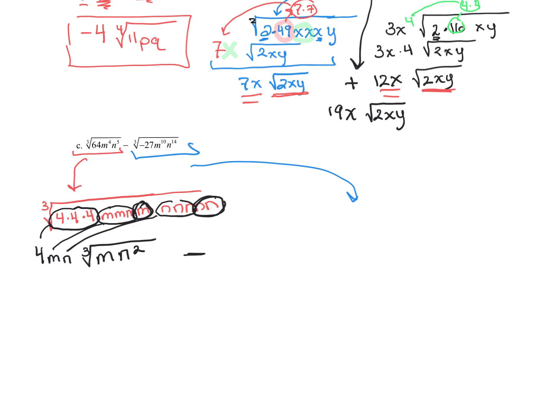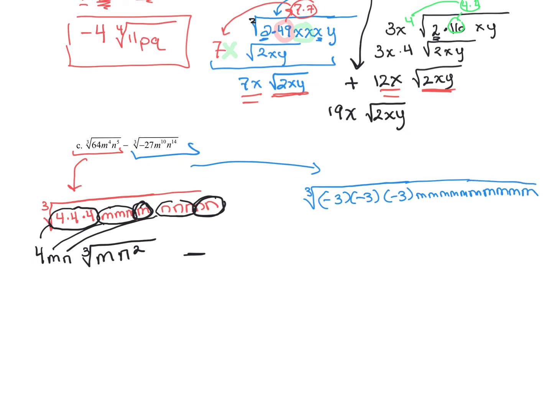Now let's do this blue stuff. So this stuff, I have the cubed root of negative 27. So negative 27 is a negative 3 times a negative 3 times a negative 3. And then I have 10 m's, 1, 2, 3, 4, 5, 6, 7, 8, 9, 10.